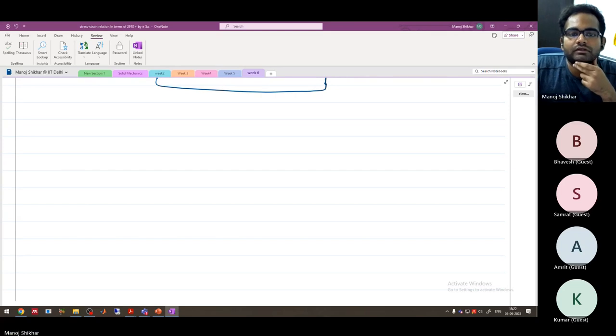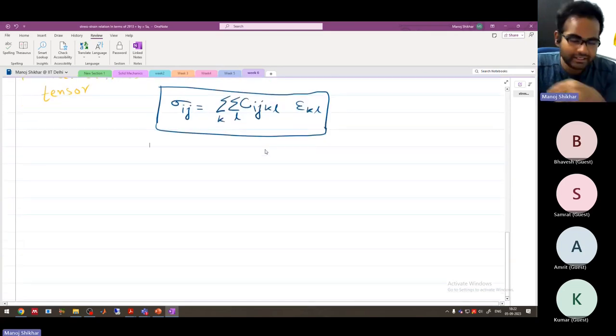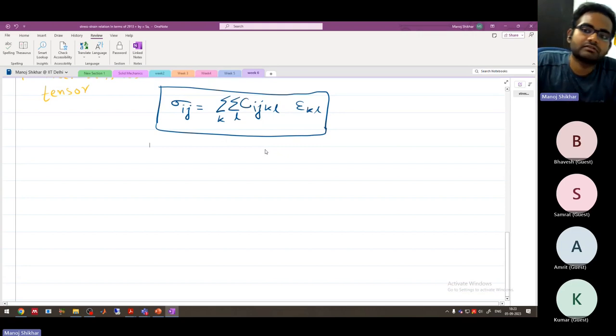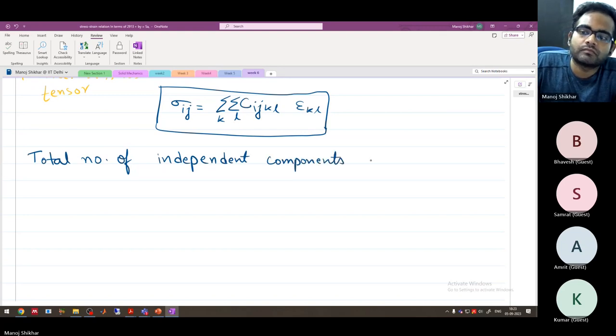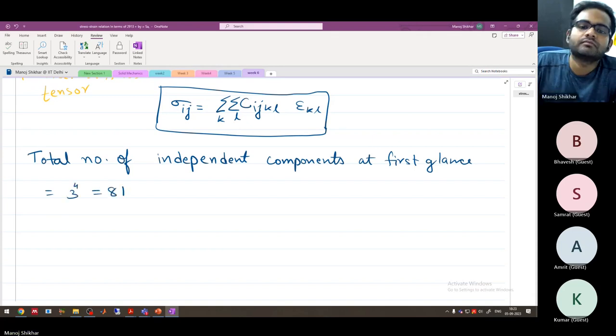Now, if we just look at Cijkl, i can vary from 1 to 3, j can vary from 1 to 3, and k and l similarly can vary from 1 to 3. So total number of independent components at first glance will be how many? 3 to the power 4, 81.